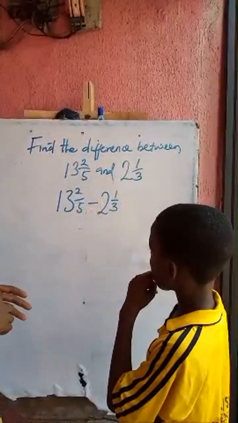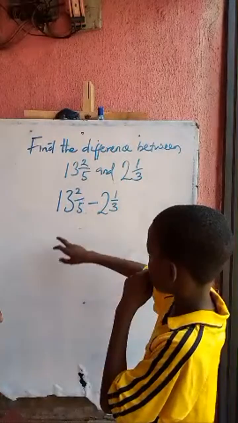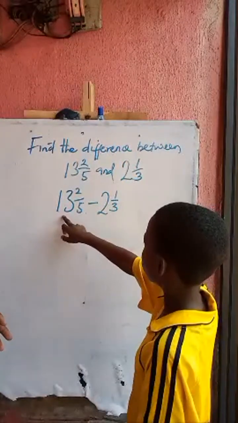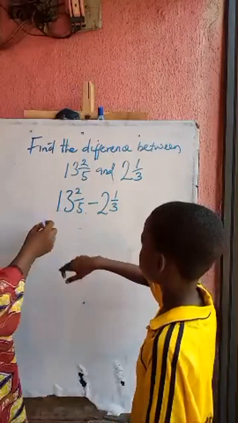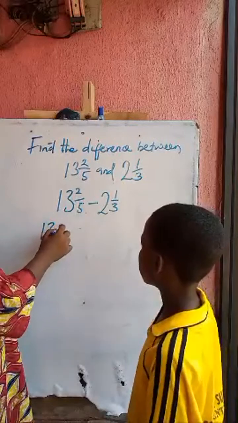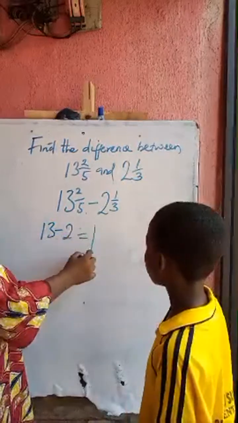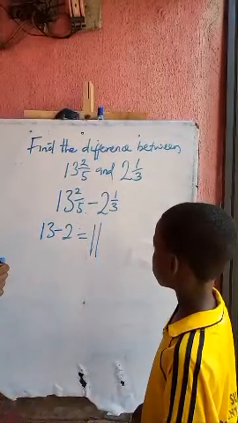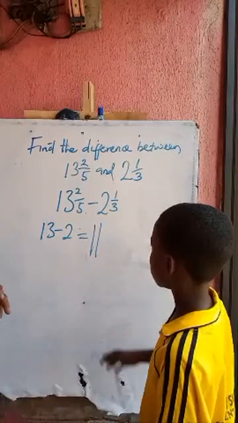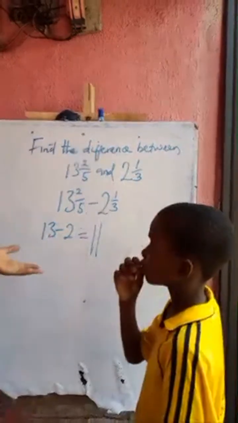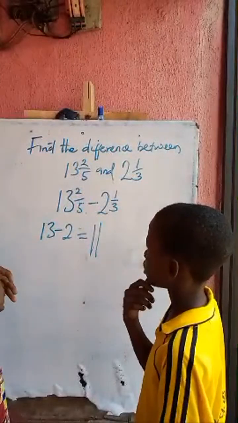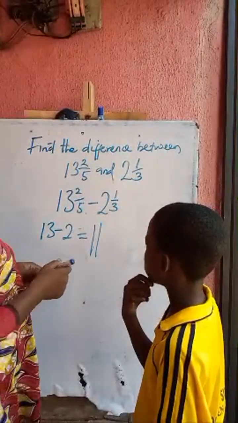What do we do? You first subtract the whole numbers, which is 13 minus 2, and that will give us 11. Now there is an easy way to arrive at your answer.